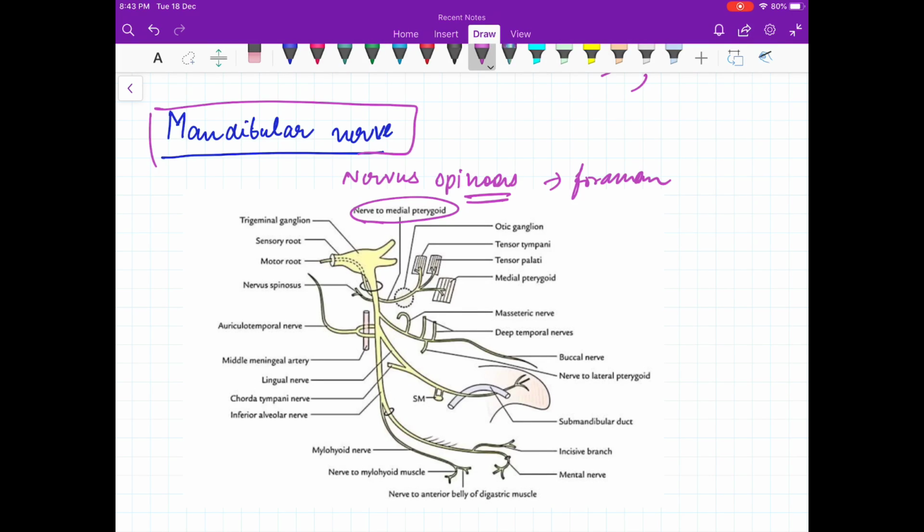Okay, and then it divides into an anterior division and posterior division. Anterior division basically gives nerve supply to the muscles of mastication, the masseteric nerve, the deep temporal nerves, and the nerve to lateral pterygoid.